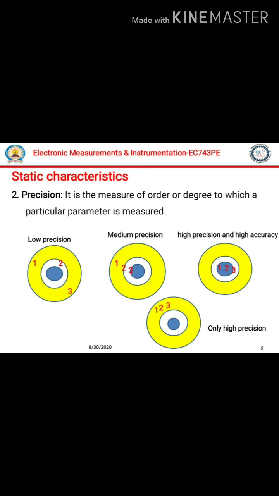Let's see the same example, where you take three attempts, three different measurements, from the instrument. In the first diagram, the three readings, reading 1, reading 2 and reading 3, differ from each other.